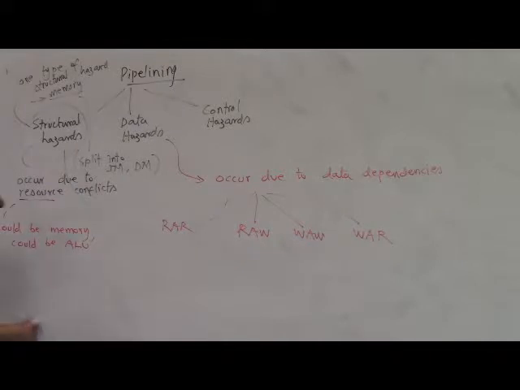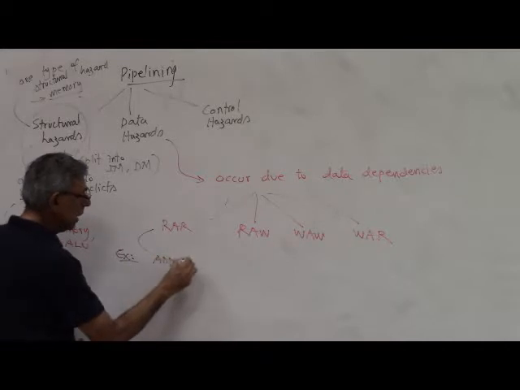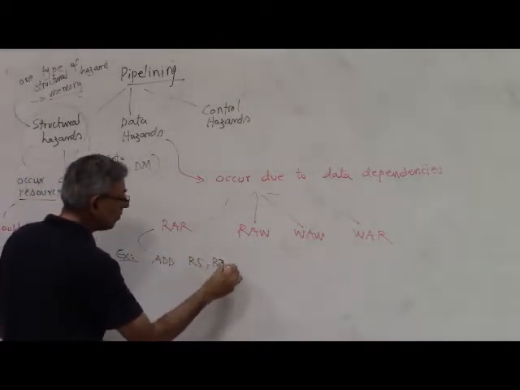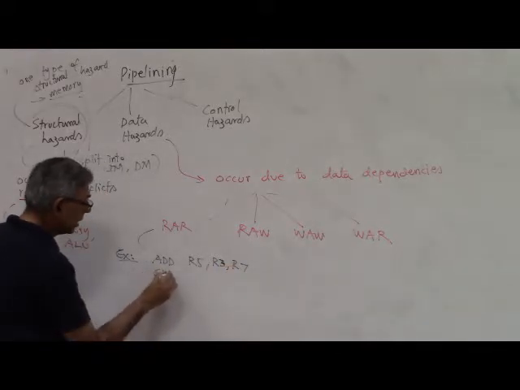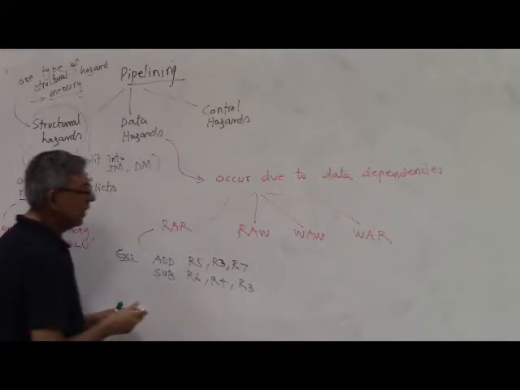An example of this was, let's say we do add R5, R3, R7, then subtract R6, R4, R3, right?